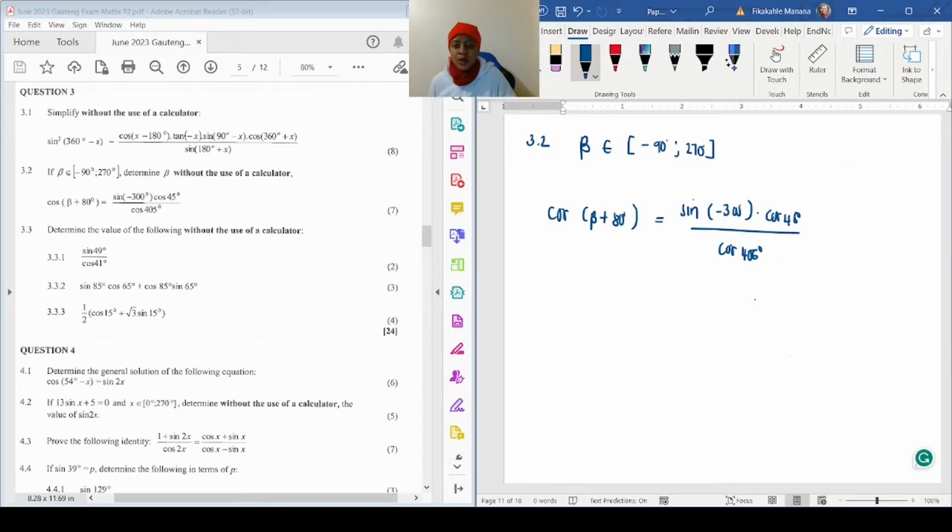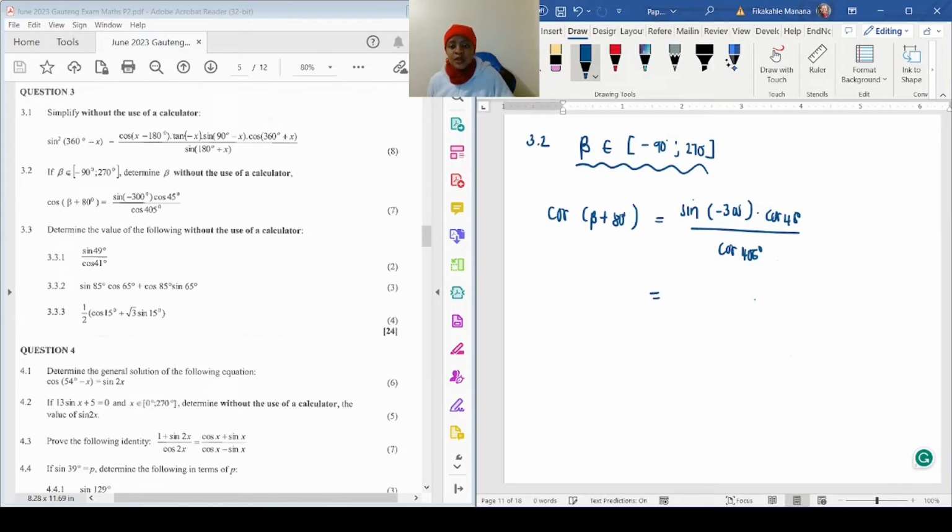So we are going to simplify what is on the right hand side and try to write it in terms of cos, so that we can then make the angles equal to one another, get a general solution, and then solve for beta and ensure that it actually fits in with this domain.